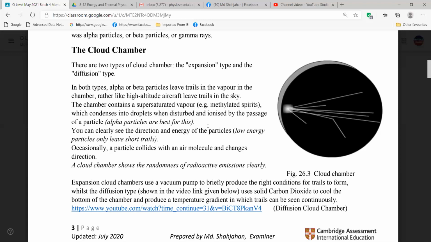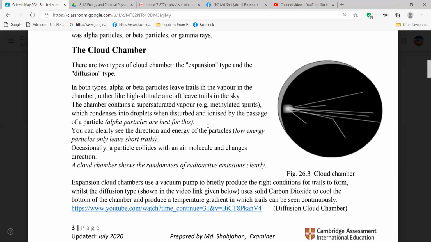Okay, good. Now you have seen the diffusion cloud chamber and the expansion type cloud chamber. Will I see the video later on? Yeah, later on, not now, because you have to go fast. I gave you this one, so you manage some time to see the video.